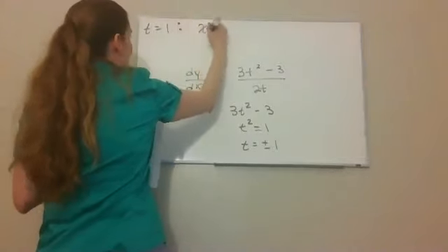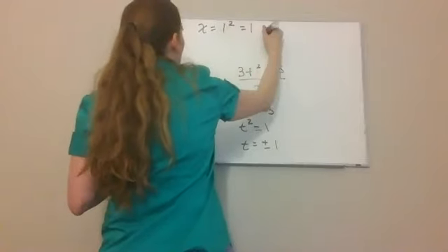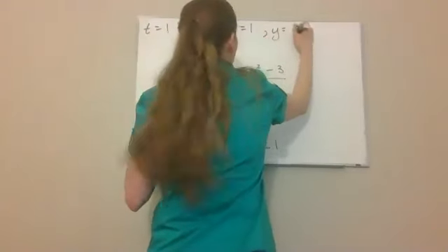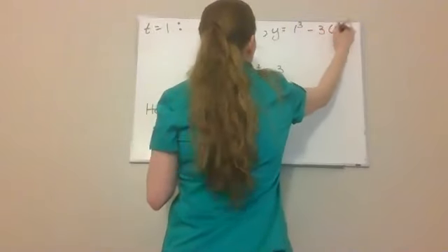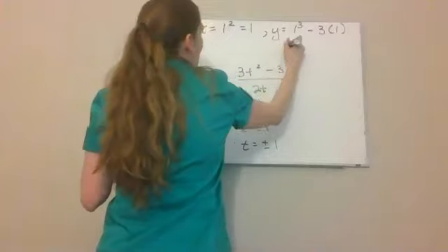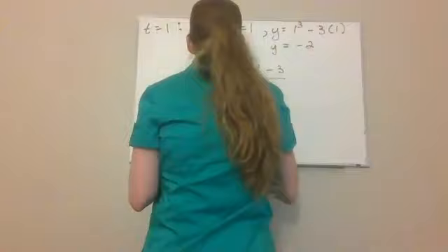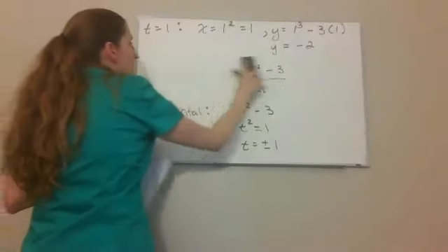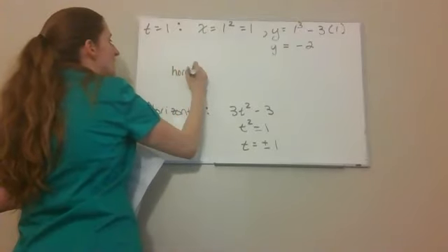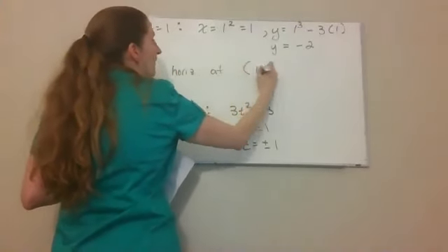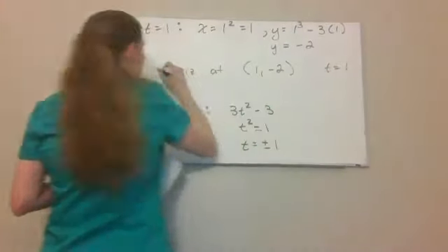I get my x is equal to t squared, which is 1, and my y is equal to t to the third minus 3 times t. So my y is equal to 1 minus 3, which is negative 2. So I have a horizontal tangent line at the point (1, -2). This was where my t was equal to 1.